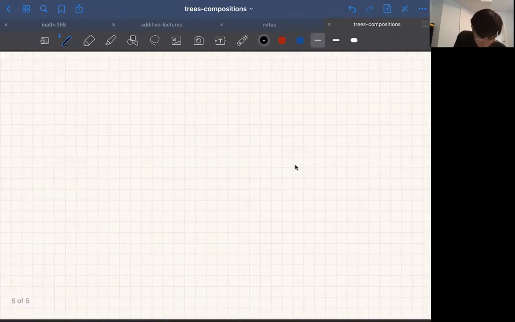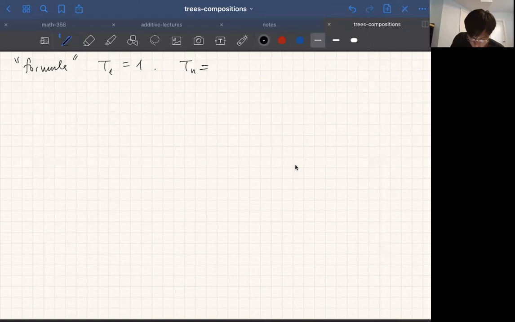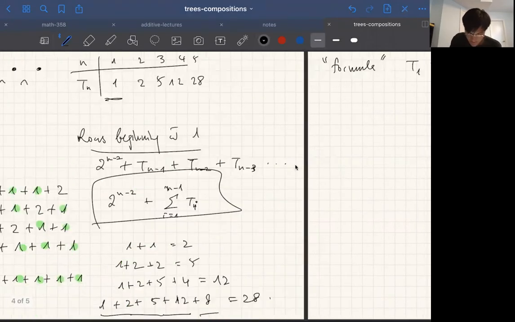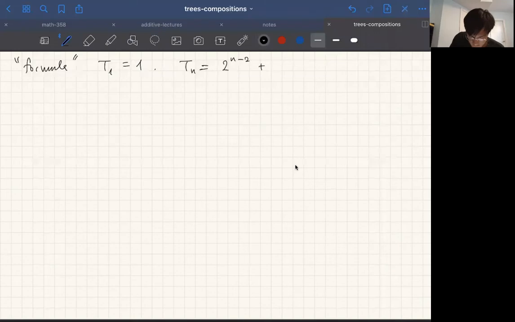So the formula is T1 equals 1, Tn equals 2 to the n minus 2 plus the sum from i equals 1 to n minus 1 of Ti.